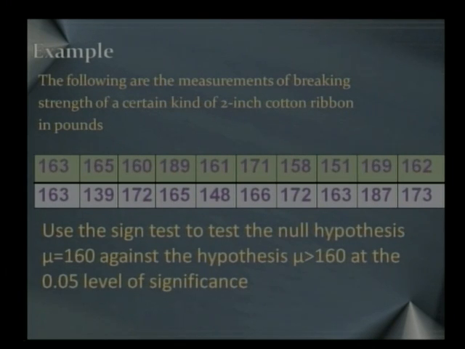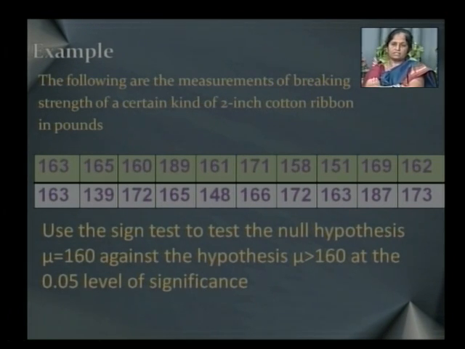Here we define x as the number of positive deviations, taking the deviation from 160. In the first data, it is 163, so 163 minus 160 gives a positive deviation. For the second data, the deviation is positive. For the third data, the deviation is negative, and so on.